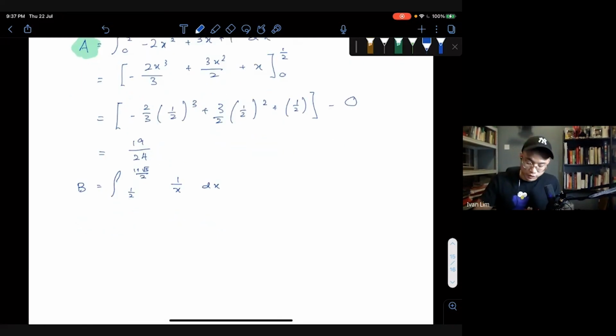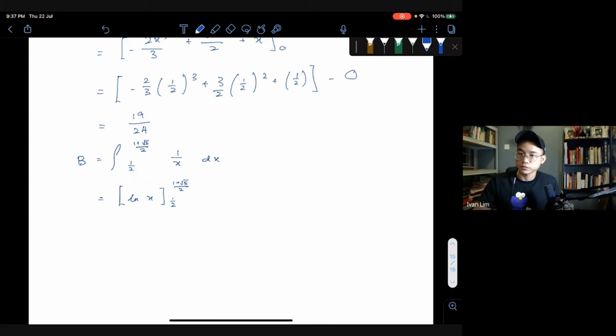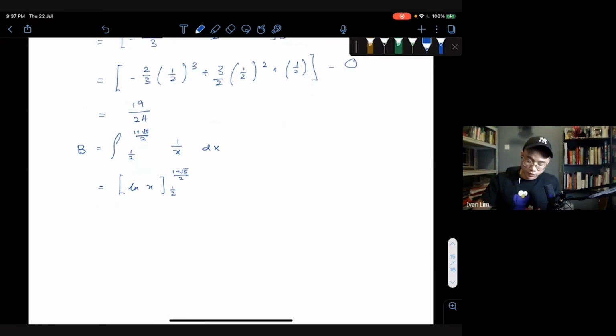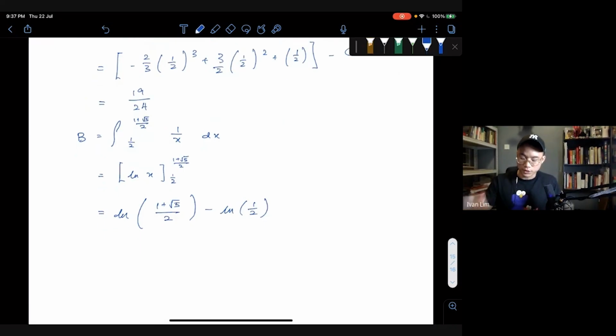Okay, when we integrate 1 over x, we will get ln x. Okay, then sub it inside. So it'll be ln of 1 plus root 5 over 2 minus ln half.